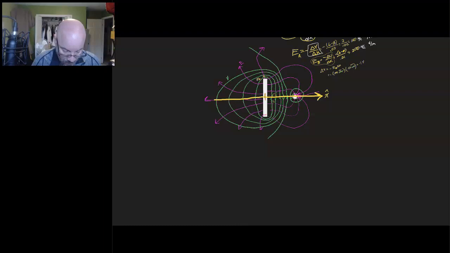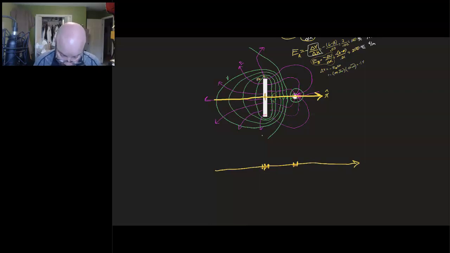Now I want to think about the voltage as a function of position. Here's my axis, here's my 0. My little bar extends across this whole region here, and then my sphere is all across this whole region here. So there's my bar, here's my sphere, just like that.